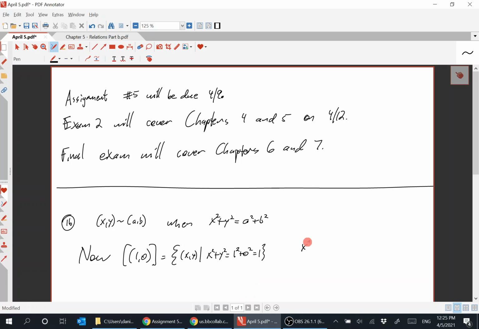So look at that equation. I hope that equation there means something to folks. It's a circle. So we want the integer points on that circle. So that's the circle of radius 1.